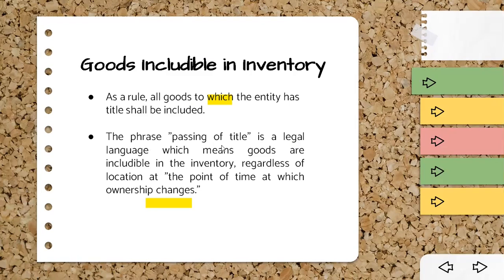The phrase passing of title is legal language, which means goods are includable in the inventory regardless of location at the point of time at which ownership changes. Again, it has something to do with ownership. If you own the goods as of the cut-off date, then it is rightful to include them in your records as part of your inventory.